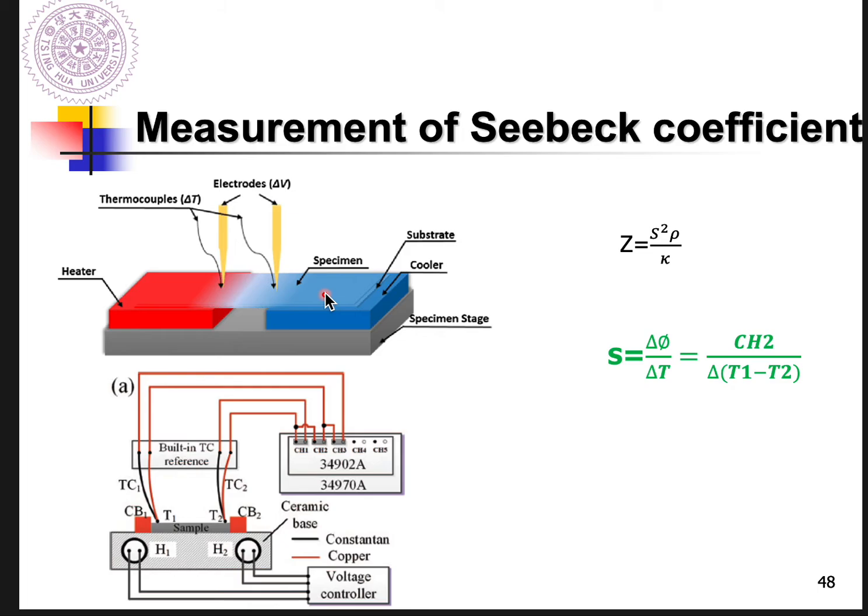Because the application of thermoelectric materials is what? When I apply a temperature gradient, you can generate the electrical potential, right? But if your material is highly thermally conductive, it's very difficult to generate a temperature difference along the material, because the thermal conductivity is too good.